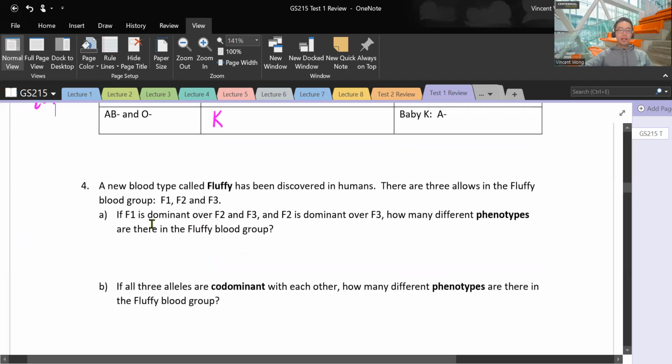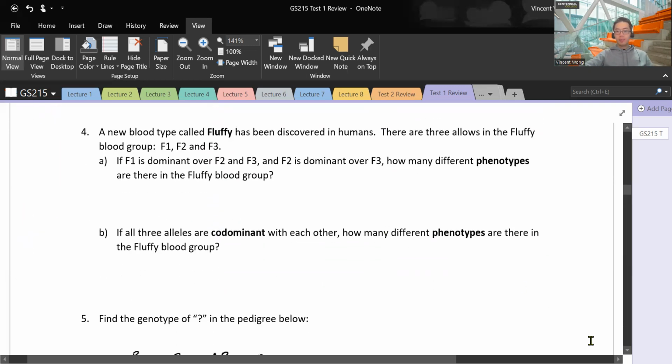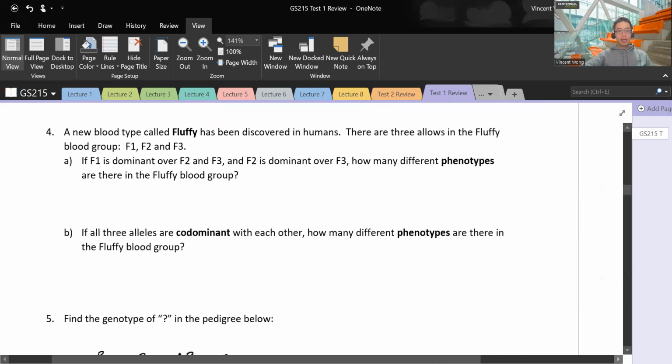Okay, next one is an application question that really messed people up on the test. So let's just go through it together and make sure that we have good understanding of it. A new blood type called fluffy, I just made that up, okay, has been discovered in humans.